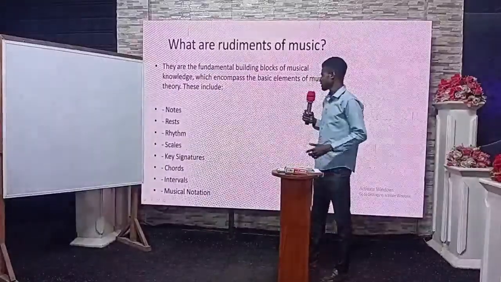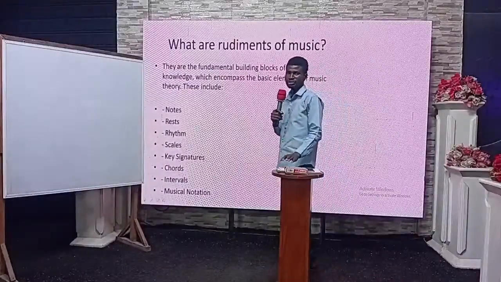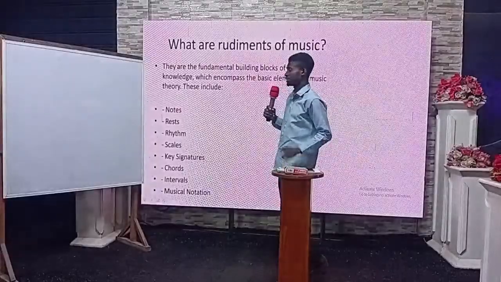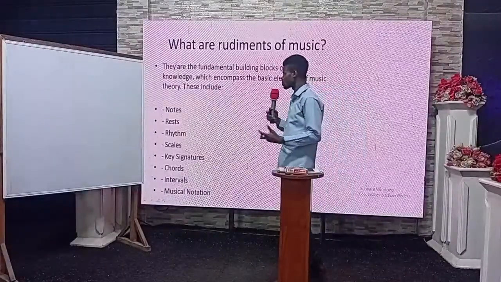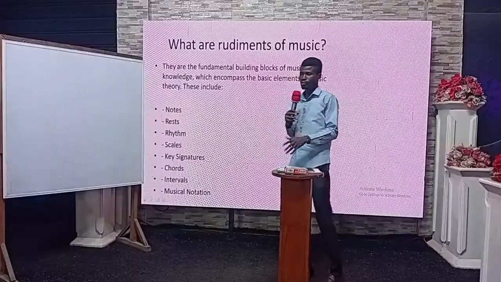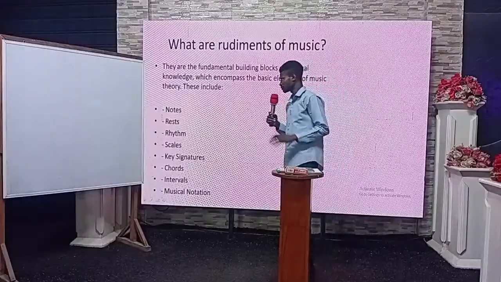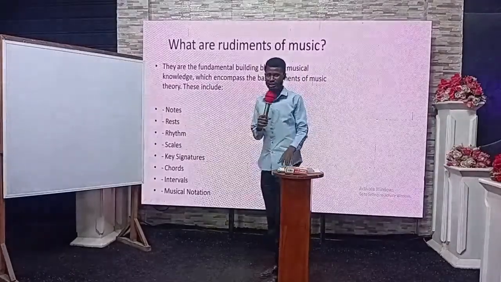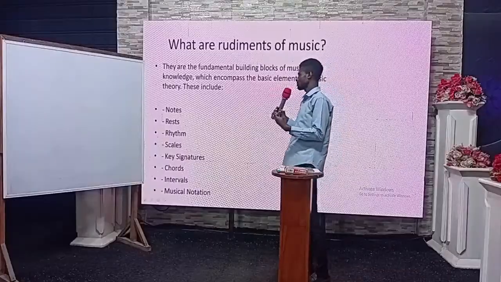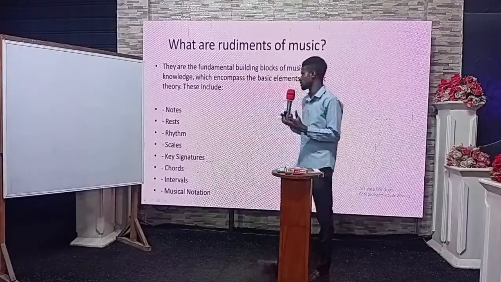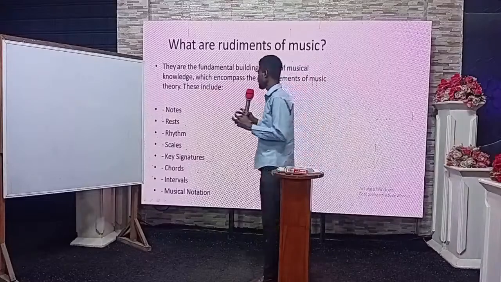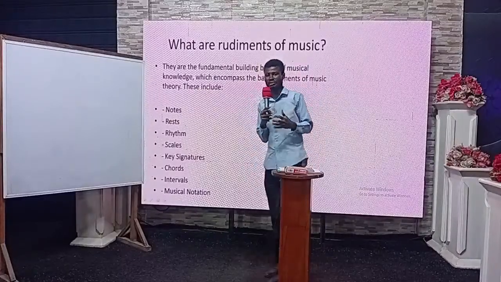All these things mentioned are the basic units that come together to form what we call music. That is the reason why the knowledge of how to put these things together to compose a good music is very important.